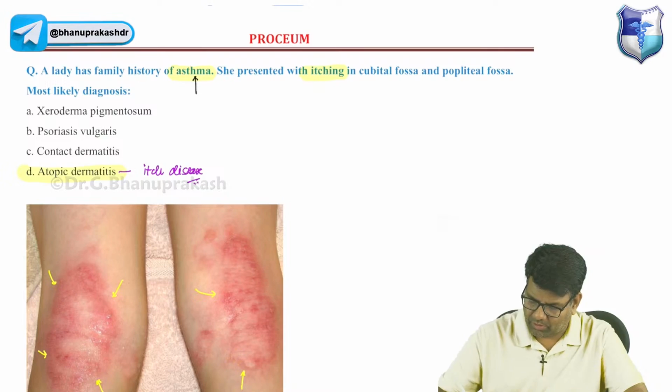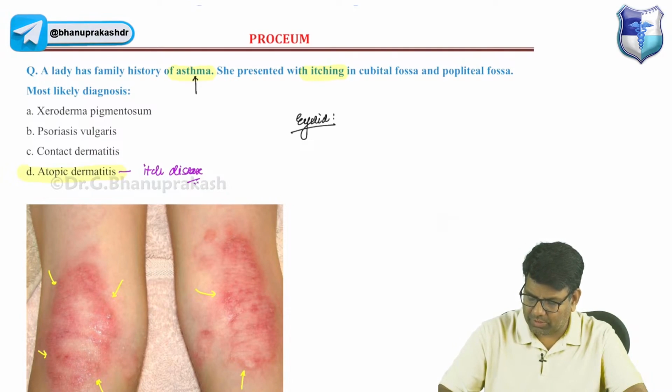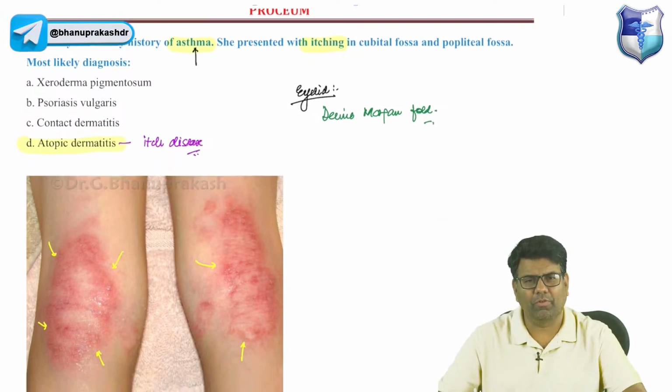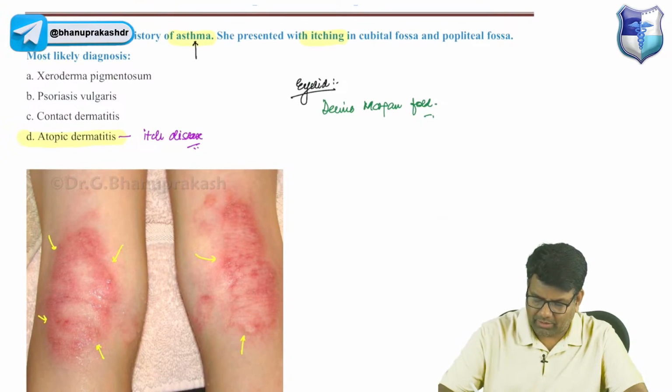And apart from that, what else can you see? There is one important finding in the lower eyelid. What is that? This is an atopic condition, so a type 1 reaction. What you will see in the eyelid, especially in the lower eyelid, is the Dennie-Morgan line, and the Morgan folds. And how is the diagnosis made? Any idea how the diagnosis is made?